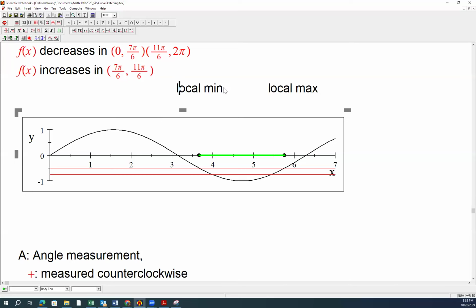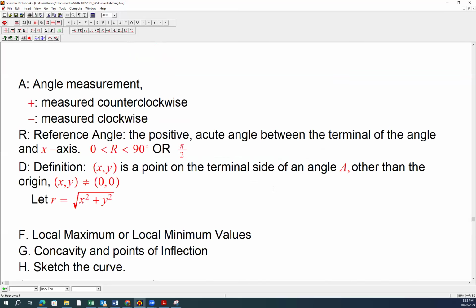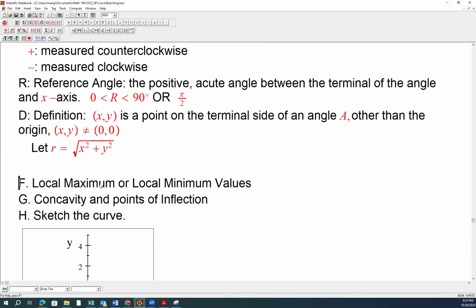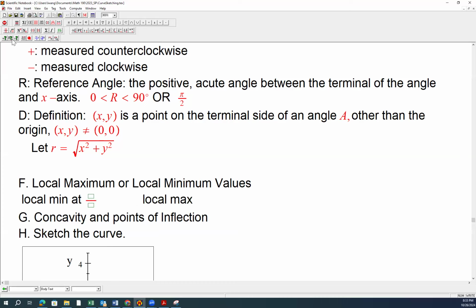The next part is local max, local min. Local max, local min at 7 pi over 6. Sorry, I mean 11 pi over 6 for the local max.